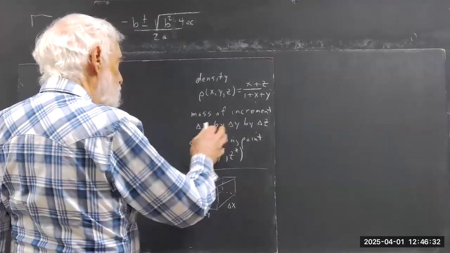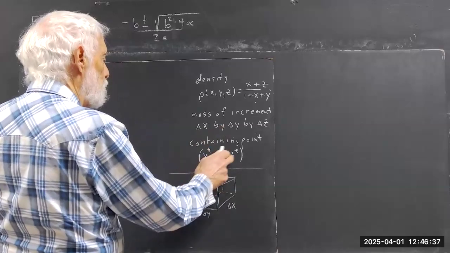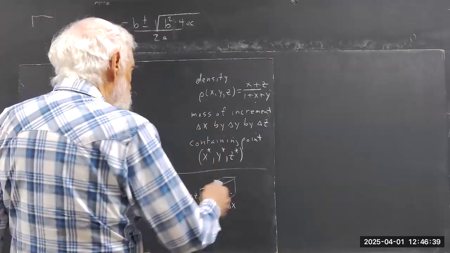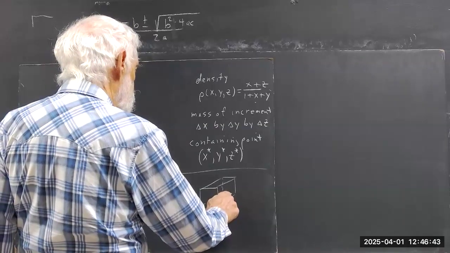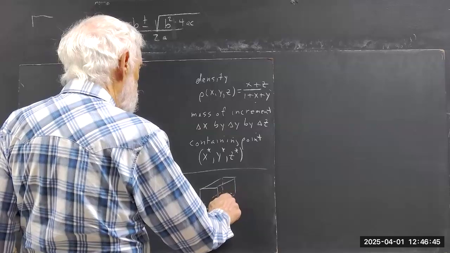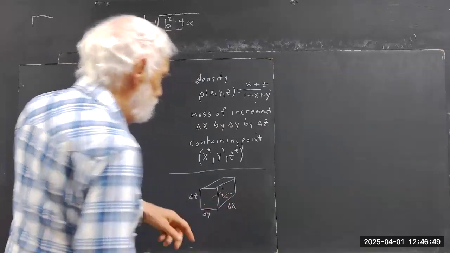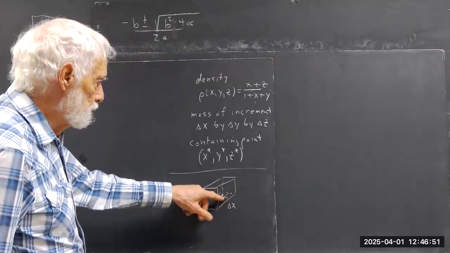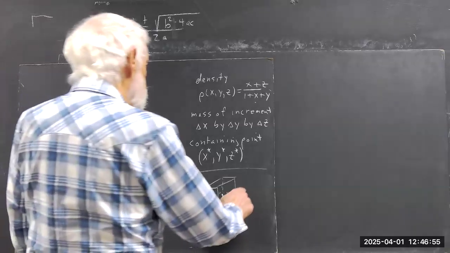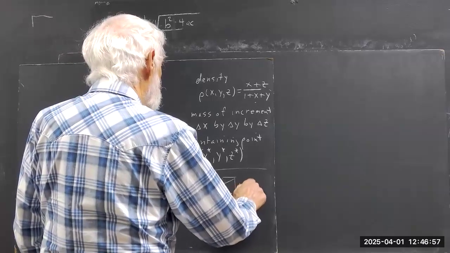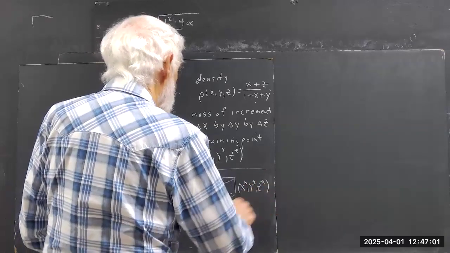Density, well, we have this box contains a point x star, y star, z star. Pick any point in here. We said this point here, let's say it digs down to here and over to here, kind of at this x coordinate, this y coordinate, and z coordinate like this. So let's just say this is a point x star, y star, z star.